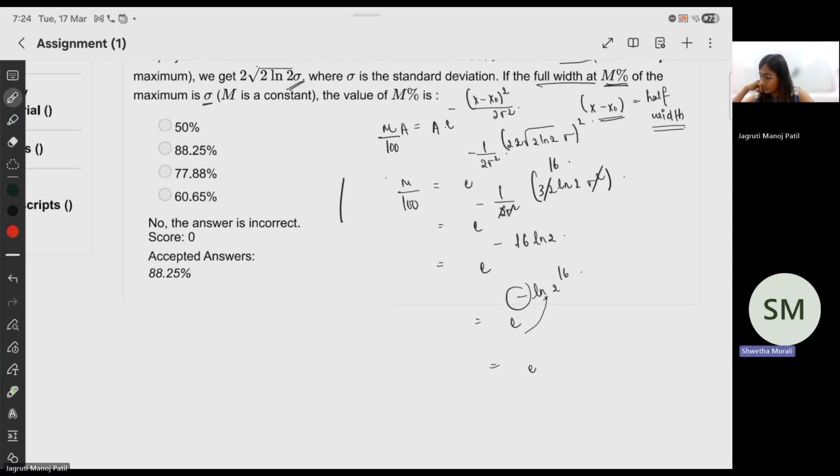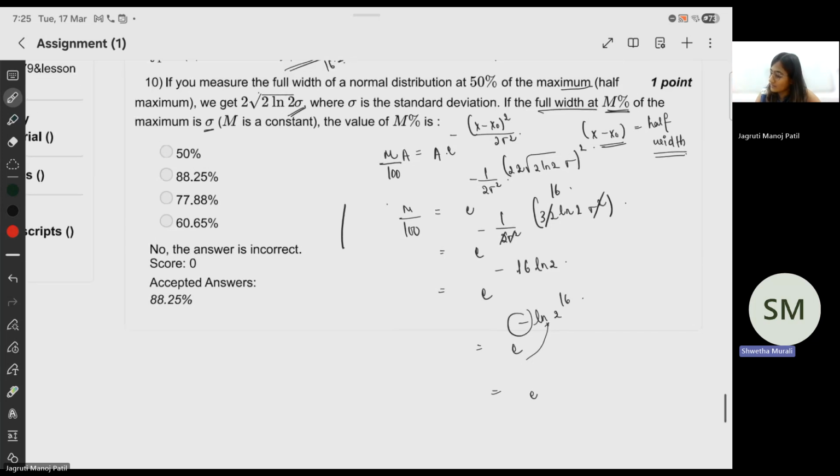I think I got the answer. How did you do? Well, I took that formula, m by 100 into a is equal to a into e to the power, where I substituted x minus x naught, or x minus mu, as w by 2, half the width. And then I took log on both sides. They've given the W at m percent as sigma, so I substituted that.